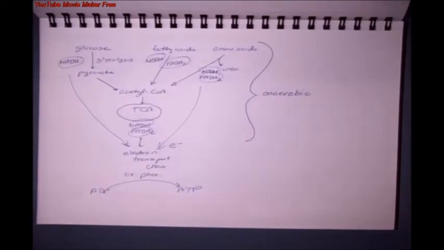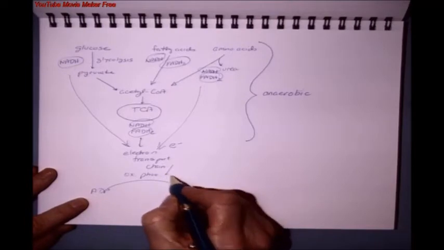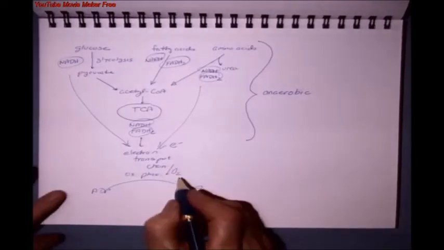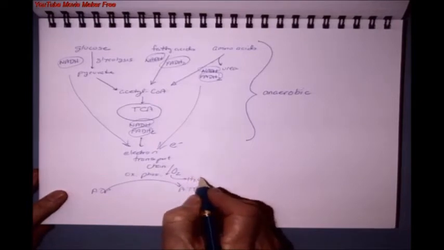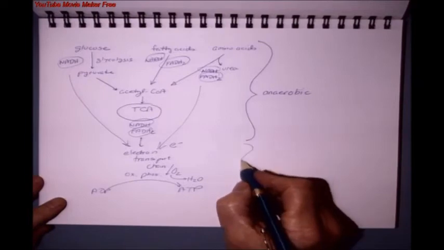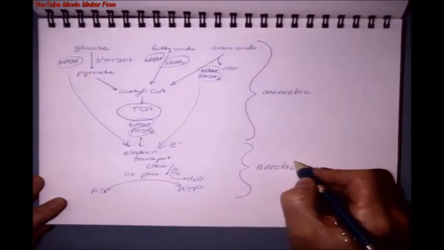And where do we dump the electrons? Oxygen. So during this process here is where oxygen is required, and the product that we're going to generate is water. So this portion of energy generation is aerobic.